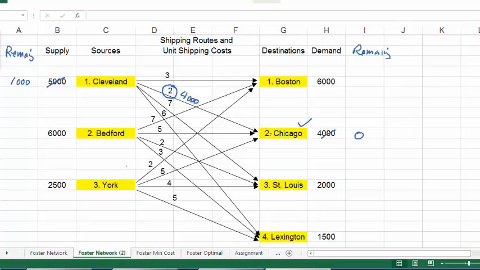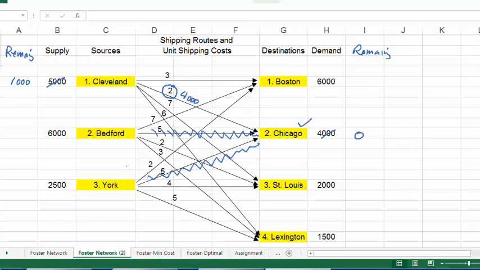Chicago is receiving all it needs, so we're going to just delete the routes that are not going to be used. So Chicago doesn't need to receive more from Bedford or from York, so these routes are not going to be used.